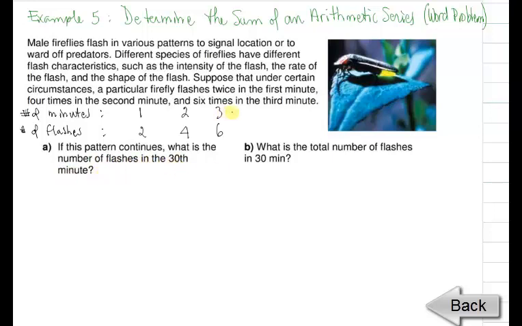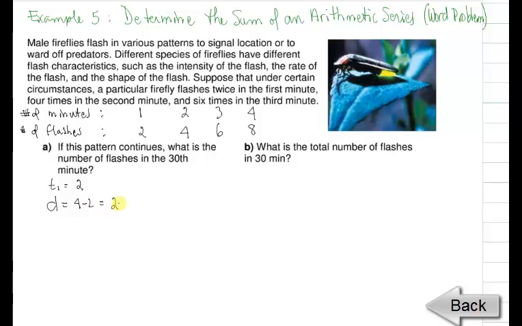Okay, well, you could do that long way, right? You could say, okay, well, after 4 minutes, it must be 8, because I can see that my common difference is 2. And I could do that all the way up to 30, but that takes a long time. So there must be a simpler way to do this, right? Well, if we want to calculate the number of flashes on the 30th minute, then our first term must be 2, and our common difference is 2, right? 4 minus 2.